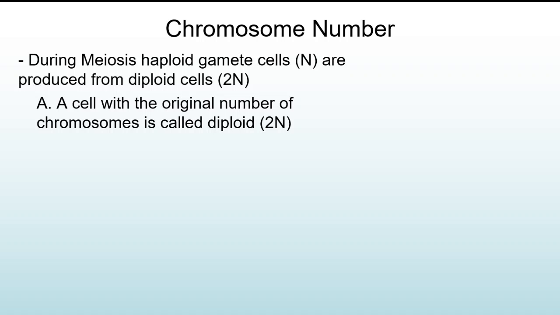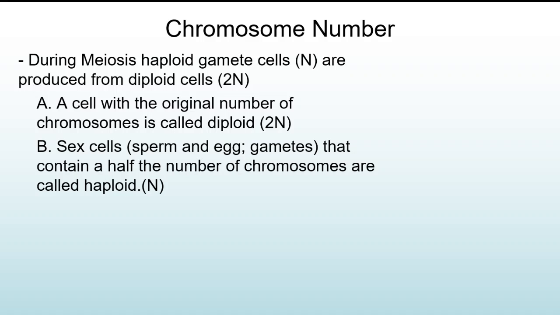A cell with the original number of chromosomes is called diploid, or you may hear me refer to it as 2N. So diploid, know that it's 46 chromosomes. Sex cells, sperm and egg, gametes, which is another word I will use for them, contain half the number of chromosomes and are called haploid.